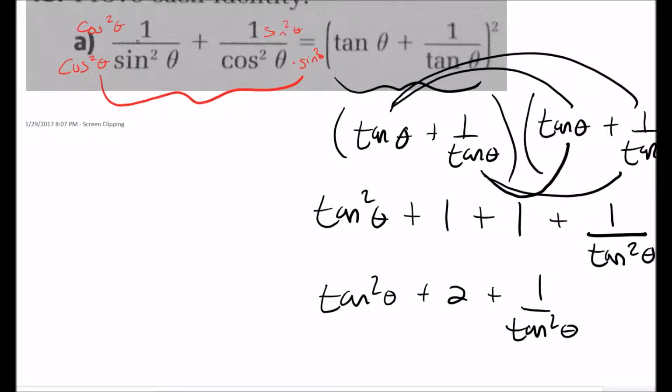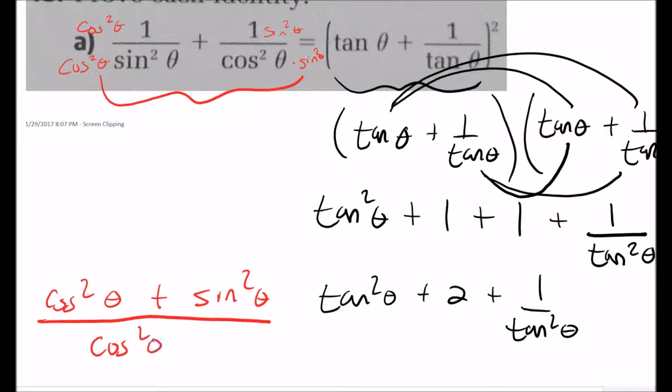So we'll end up with cosine squared theta times 1, which is simply cosine squared theta, plus, over here, 1 times sine squared theta is sine squared theta, and that's all over our common denominator now, which is cosine squared theta times sine squared theta.